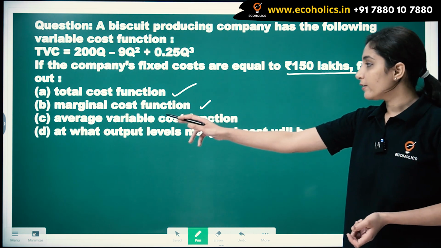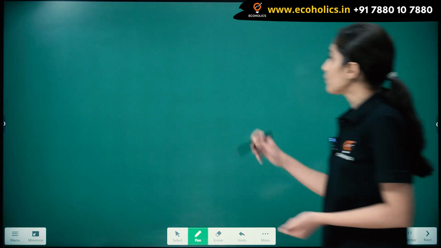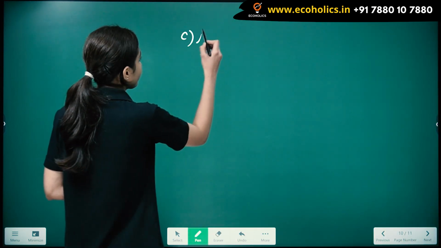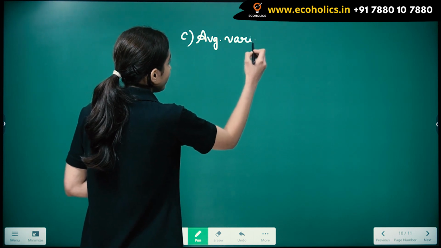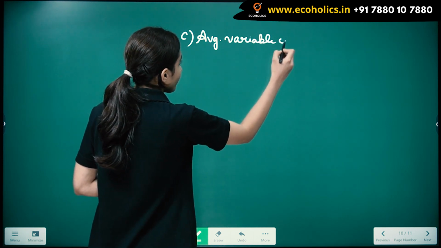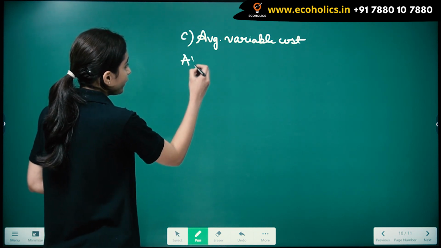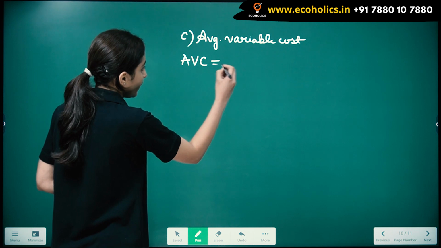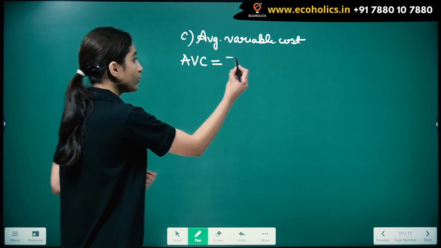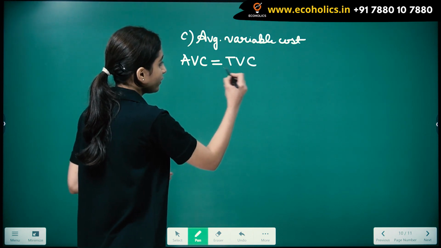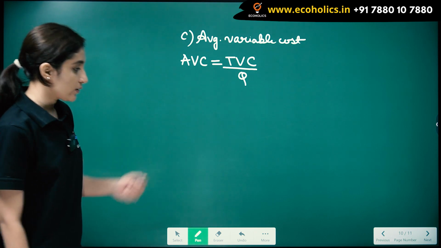Next is find average variable cost function. So third part is average variable cost. Now our average variable cost is given by total variable cost divided by Q, that is total output produced.